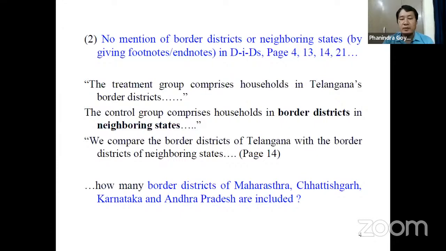It may not be possible to give the names of districts, but it is possible to give the number of districts. That will show how many districts are covered. It is small, but I feel very useful information for the study.